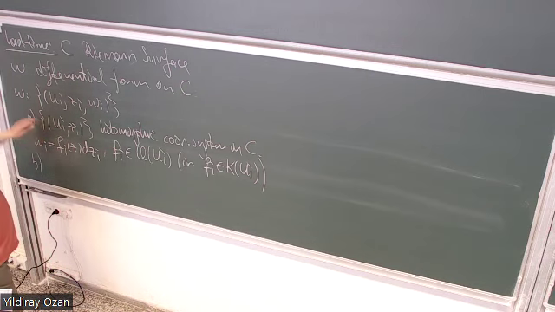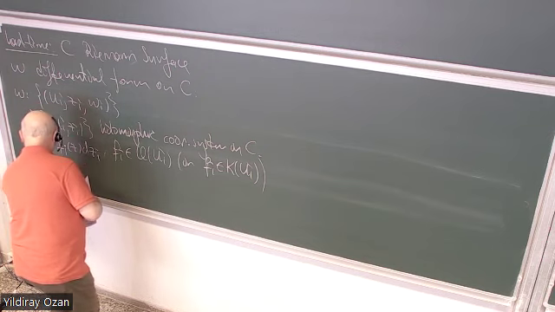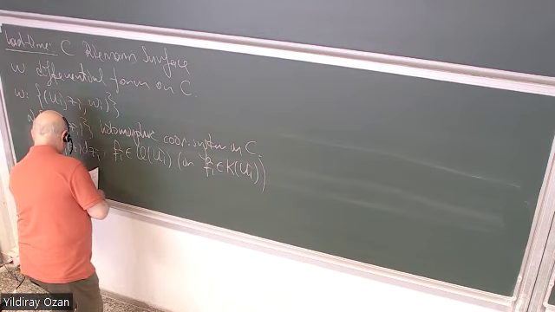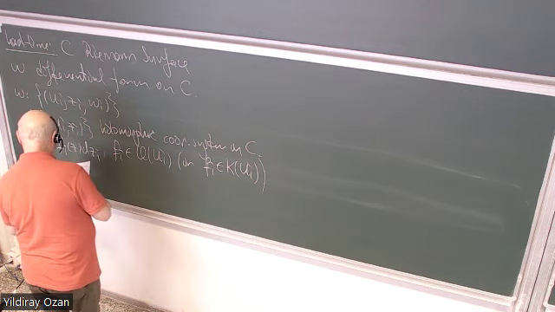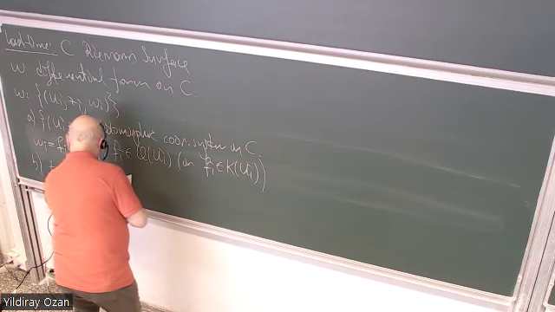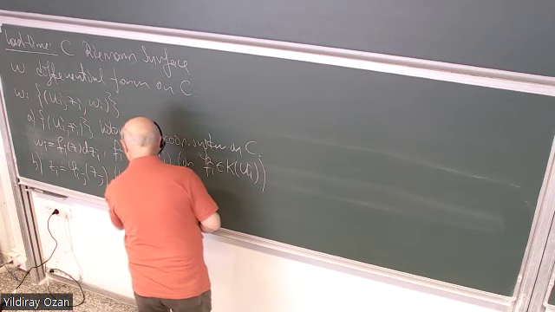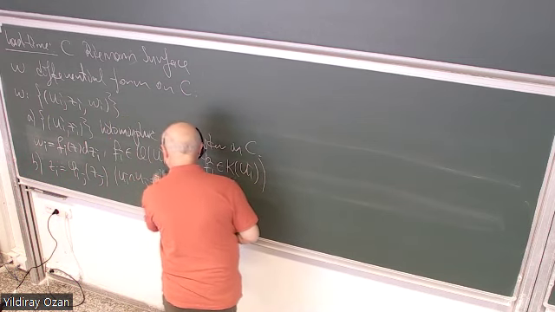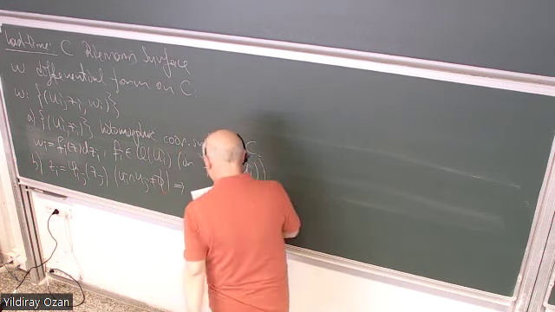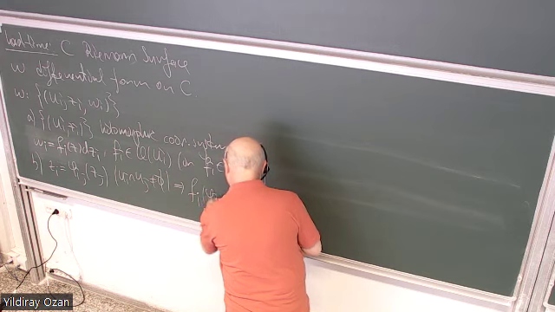So W is defined on each coordinate system by an object like this, and on overlaps we have this. So if, let's say, Zi is just phi ij composed with Zj, and Ui intersection Uj is not empty, then we have this identity.